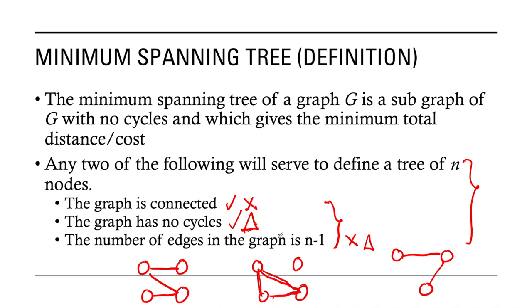So all you have to remember is these 3 conditions, and that you only need to confirm 2. If you can confirm at least 2 of them, then what you have is a spanning tree. And all you have to do is to look for a tree that will minimize the total cost and total distance to give you the minimum spanning tree.